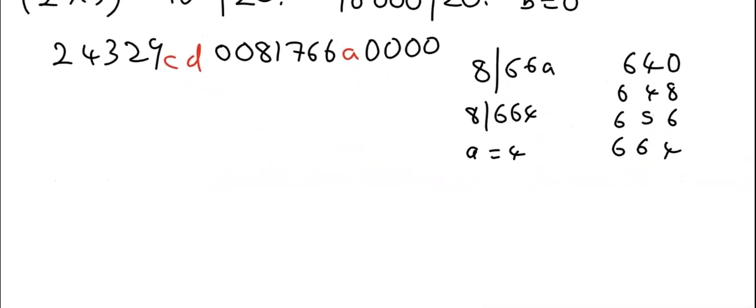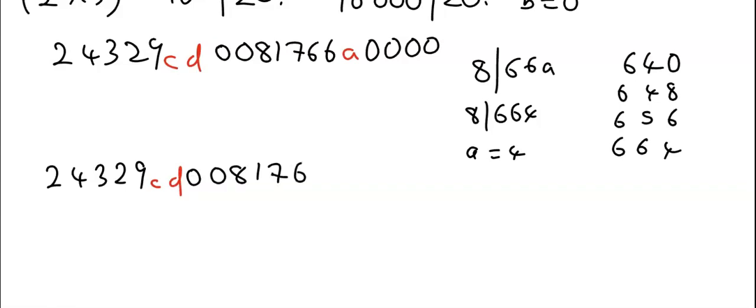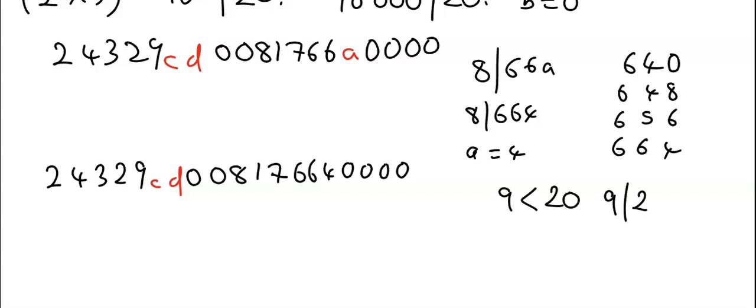So our number has become 24329CD00817664000, and 9 is less than 20, therefore 9 divides 20 factorial, and if 9 divides a number, the digital root of that number must be 9.